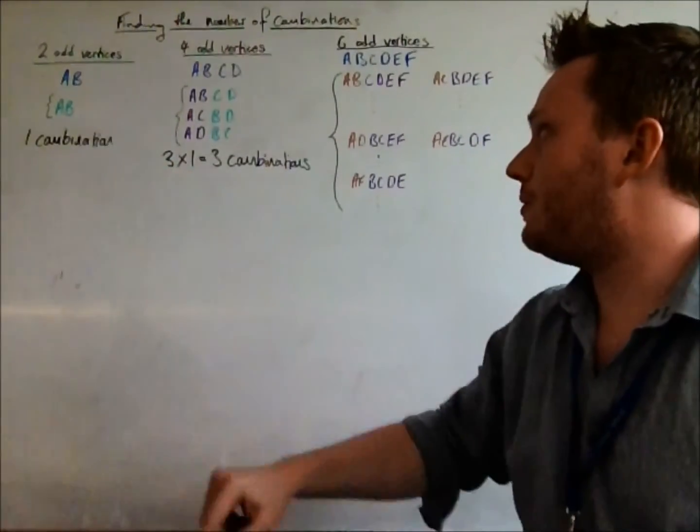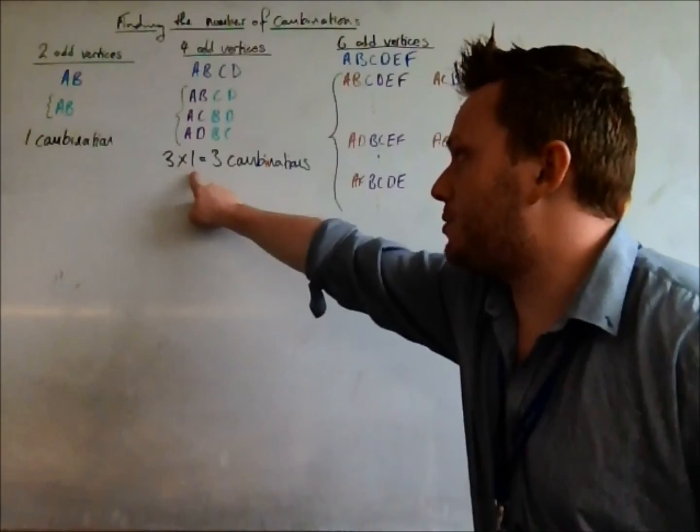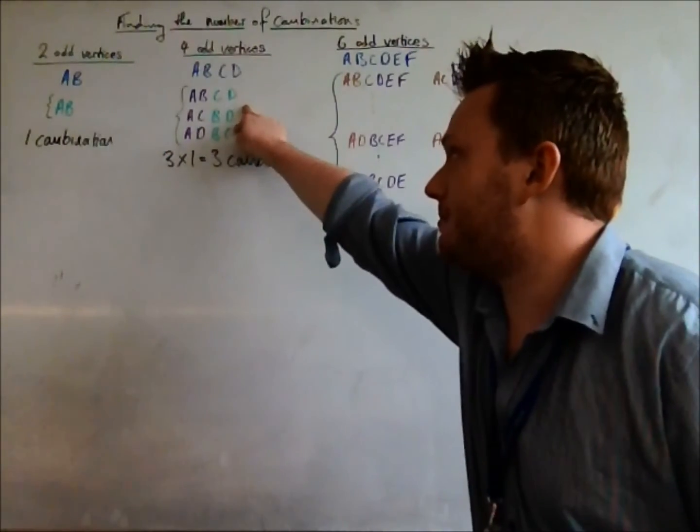There's just 1, so there's 3 different ways of pairing up A, and then for each way there's one way of pairing up the extra two.